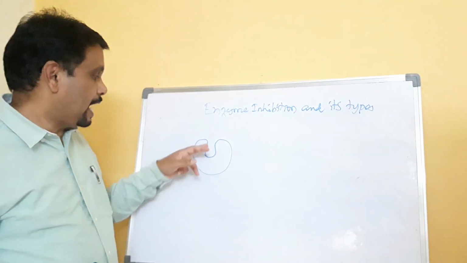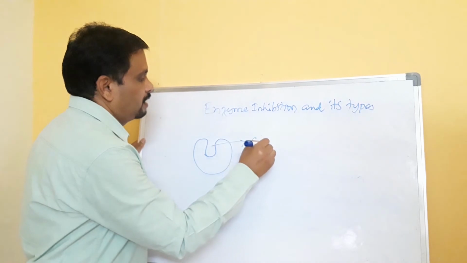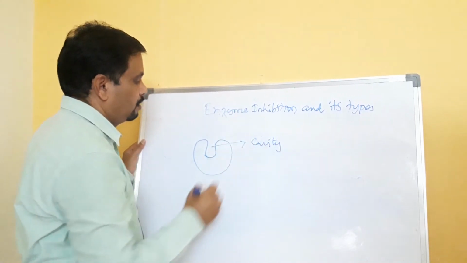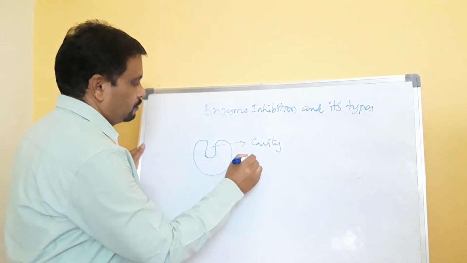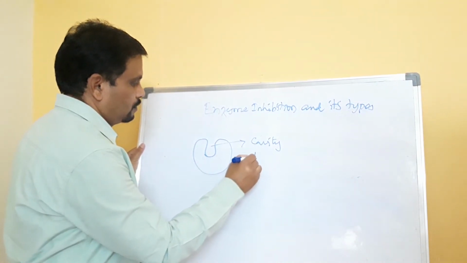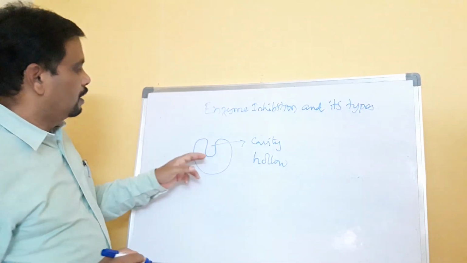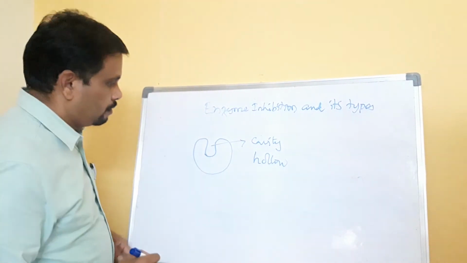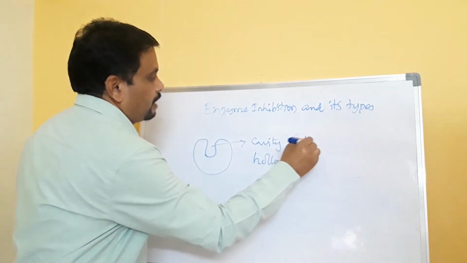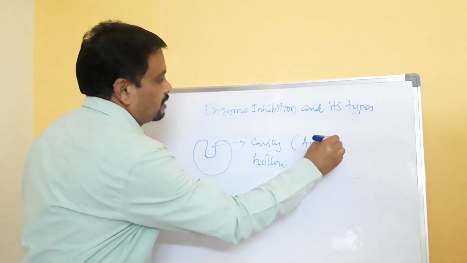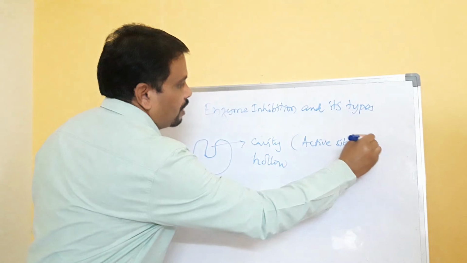It has a deep cavity, a cavity or a hole. So this is called the active site of an enzyme.